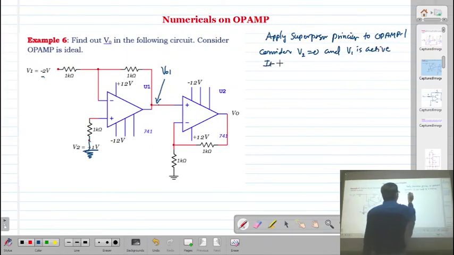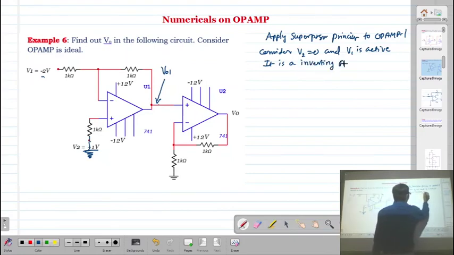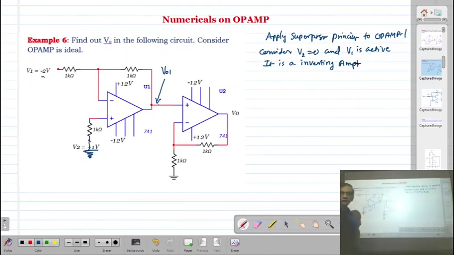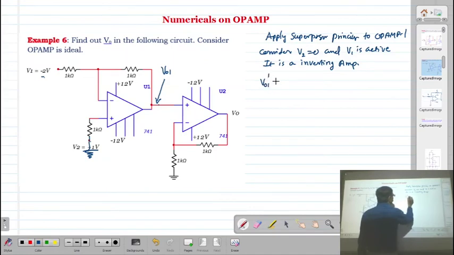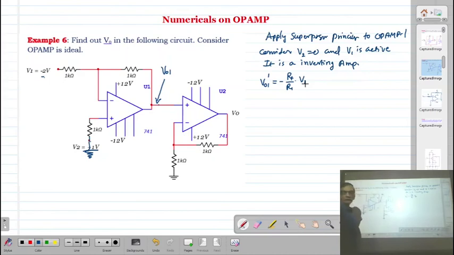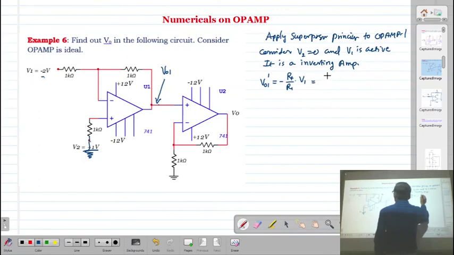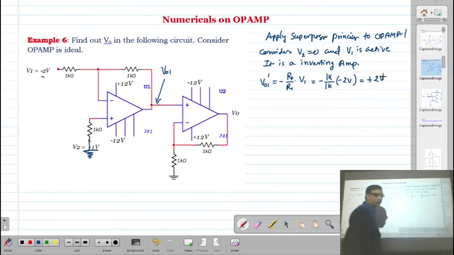So it is an inverting amplifier. So we can say that VO1 dash equals minus RF by R1 into V1. For an inverting amplifier, RF is given as 1K, minus 1K divided by 1K, and this is minus 2 volt. So we have a plus 2 volt output.